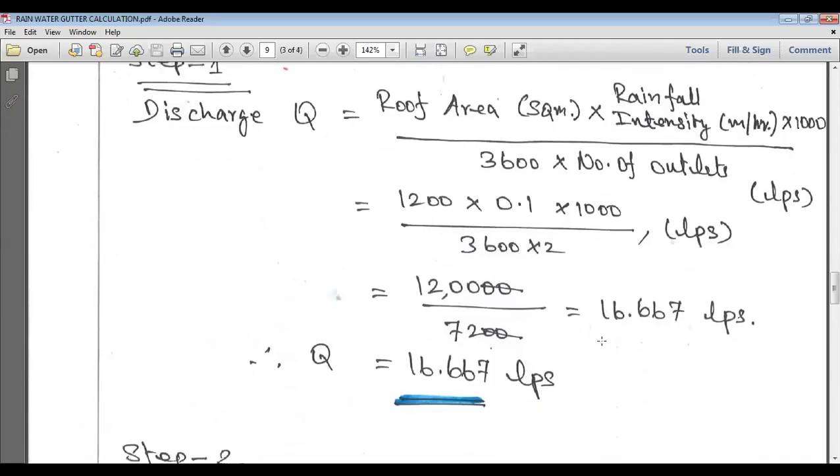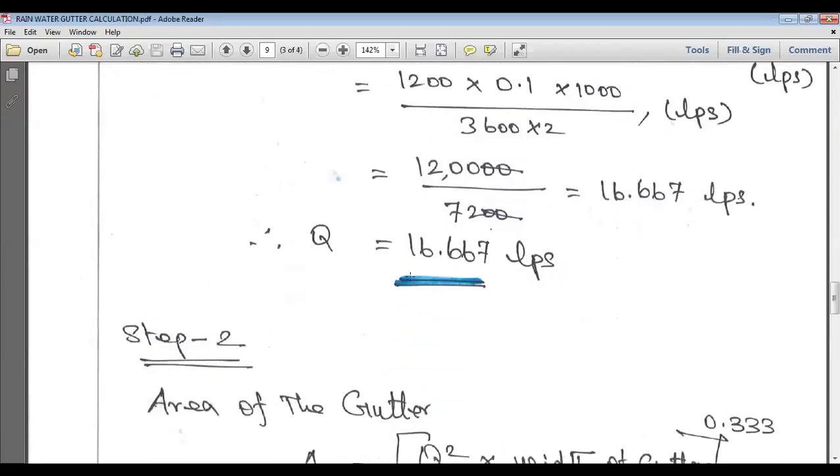So Q equals 16.667 liters per second. This is the rainfall flow rate we are getting from this roof area.